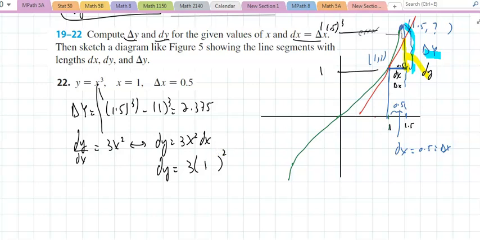So the benefit is that I'm using the integer instead of the decimal. Times 0.5. That is 1.5. So look how this works. The actual change in this was 2.375, and I'm giving a 1.5. Did you notice that it's less?